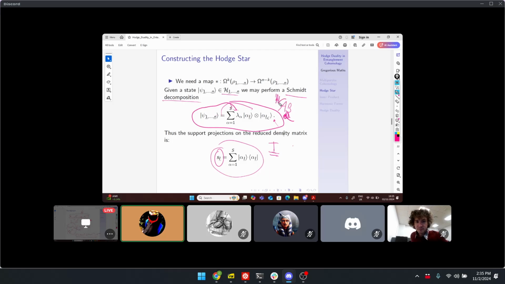Well, we just define A as this length k subsystem, and then B is just the rest of them, I complement. Then we can decompose it in the following form. And then the support projections will end up being this sum here.